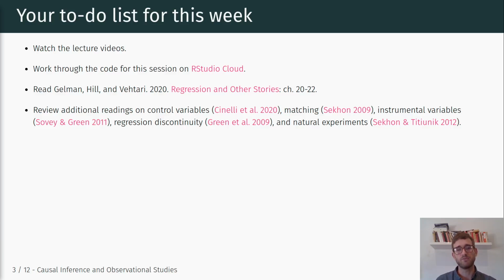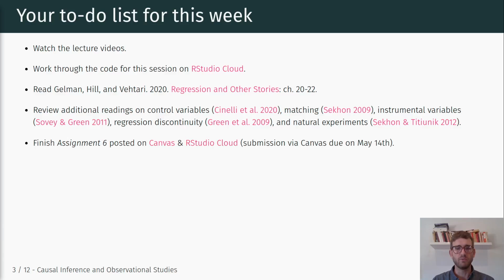If you think that such an estimation technique could be useful for your research, for your dissertation, then I encourage you to check out those additional readings, either on matching or instrumental variable estimation or regression discontinuity or whatever it might be in the context of your own research interest.